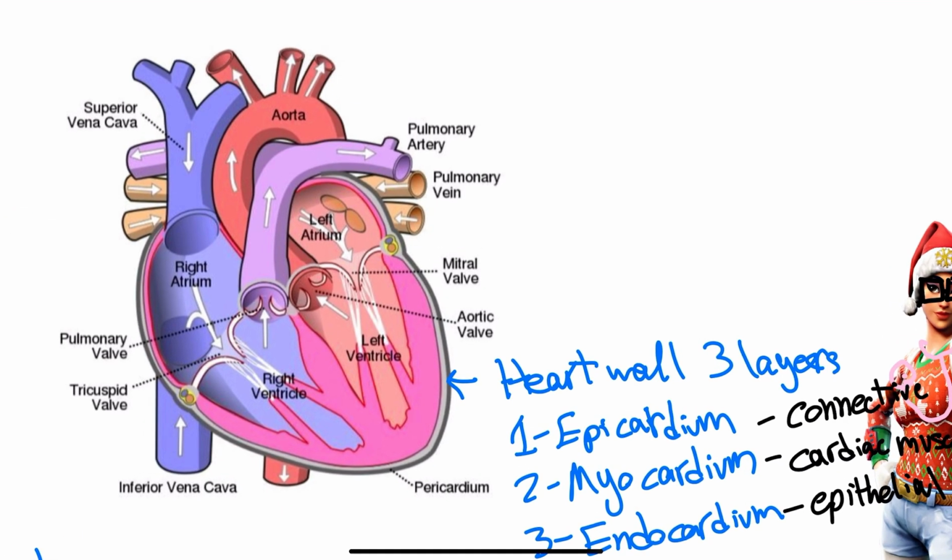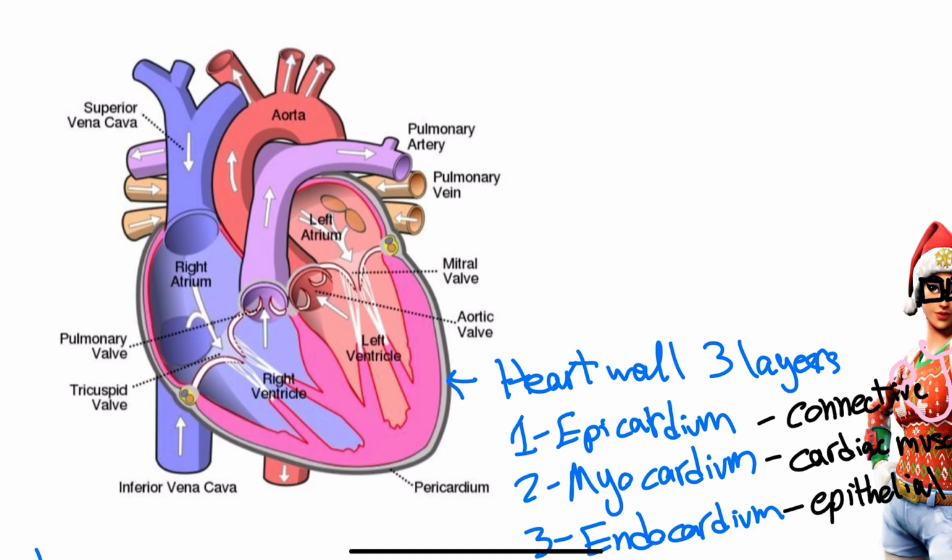We talked about chambers earlier. There are 4 chambers in the heart. One really important thing is, if you notice here, you're like, that's not the right and that's not the left. In anatomy, you basically want to look at it as if you have plastered yourself on this wall.